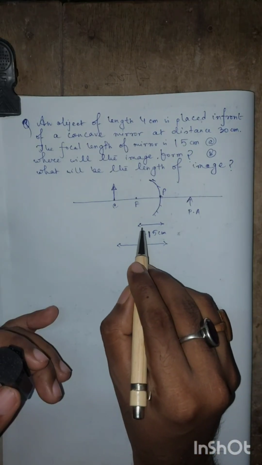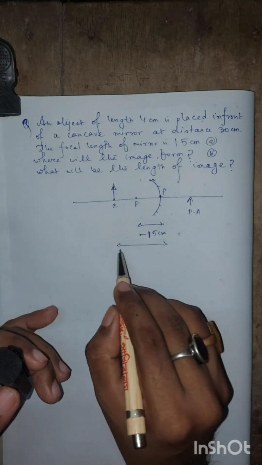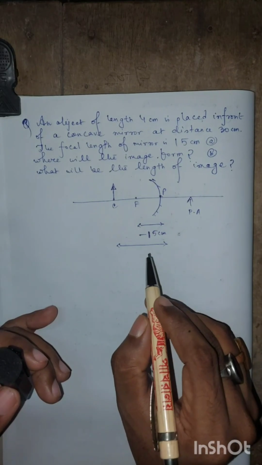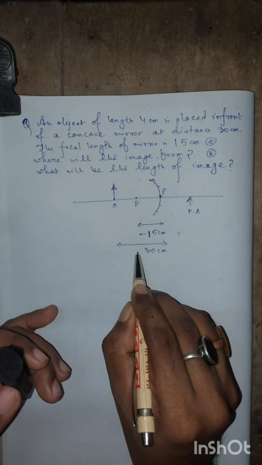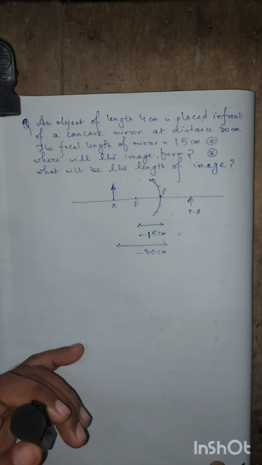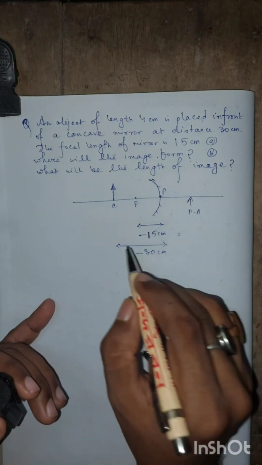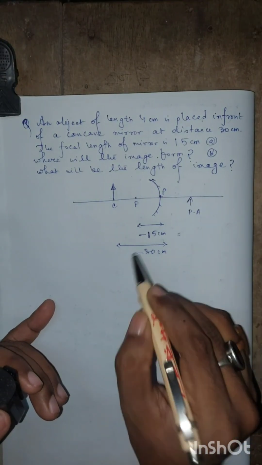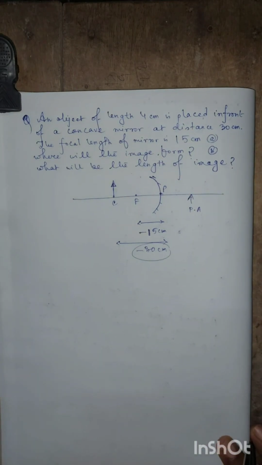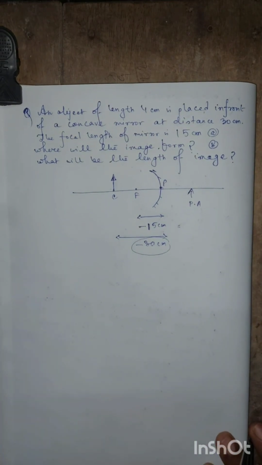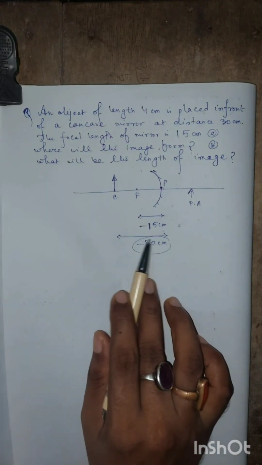If the focal length is 15 centimeter, then the radius of curvature should be minus 30 centimeter. So this is our radius of curvature, which is equal to the object distance.